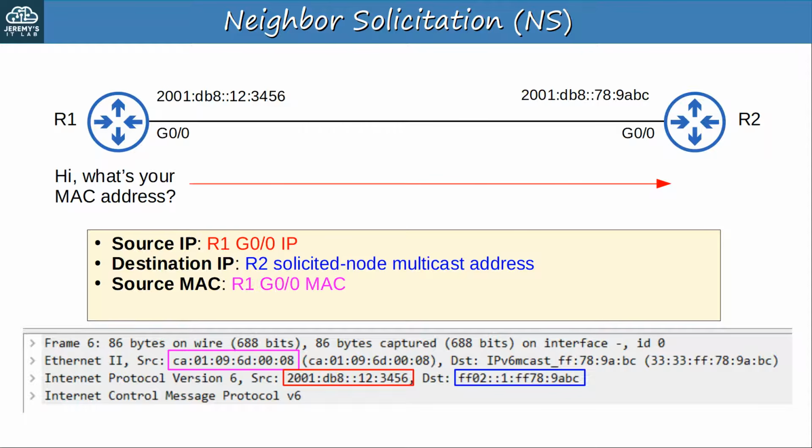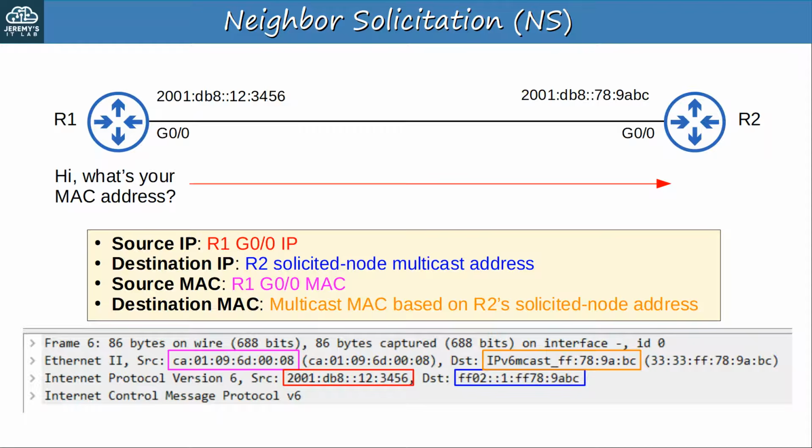The source MAC is the MAC address of R1's G0/0 interface. That's the same as in ARP as well. The destination MAC address is a multicast MAC address, based on R2's solicited node multicast address. Notice that in Wireshark, it is displayed as IPv6 MCAST_FF789ABC, but to the right, you can see the real multicast MAC address in brackets.